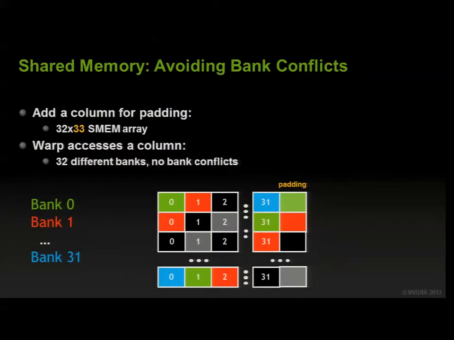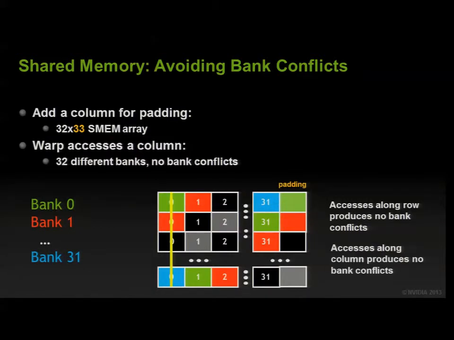But then on the next row, thread number 0 will write to memory bank number 1. Okay? So now when you're writing along the rows, you're touching 32 different banks.